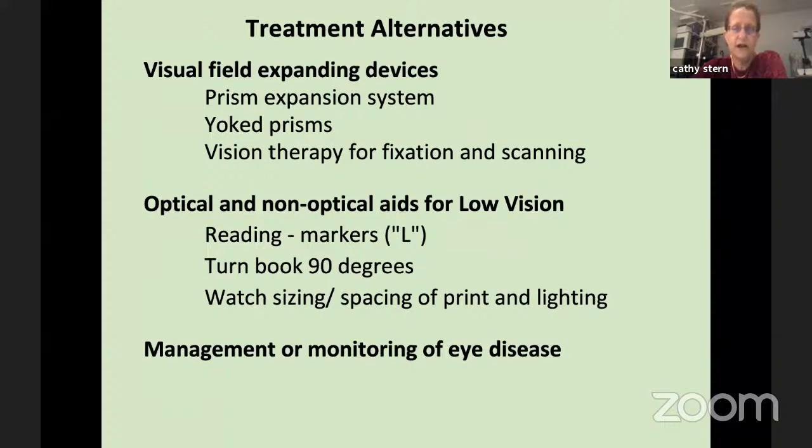But if I change that spacing between the lines to be 1.5 times the point size of the font, so if the font is 12 point, and now I make that spacing 18 point, many patients will now be able to read significantly better. The other is I've had patients where just making the print more into columns rather than going across a full page makes a big difference.